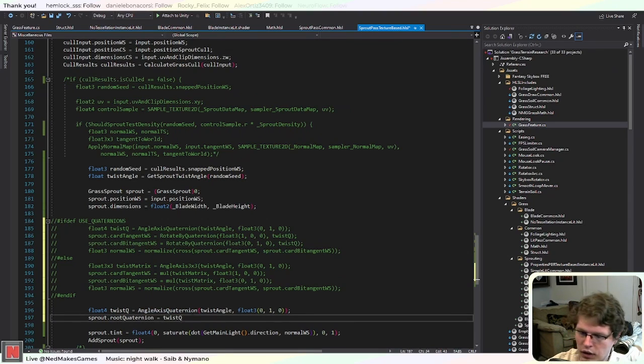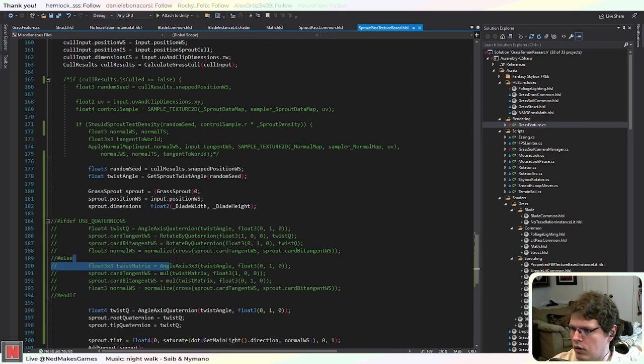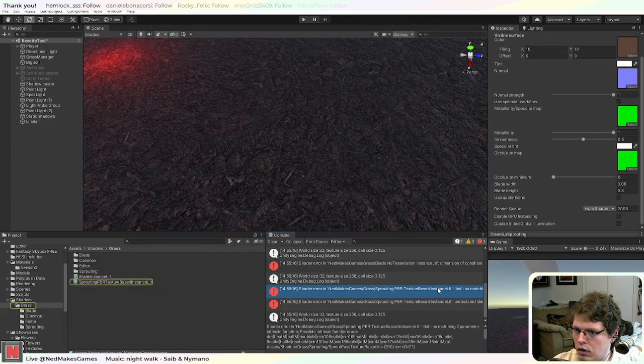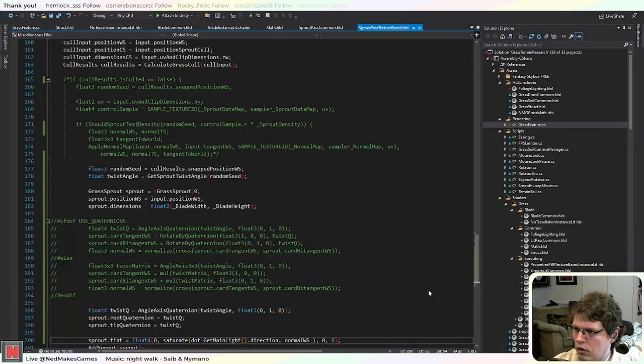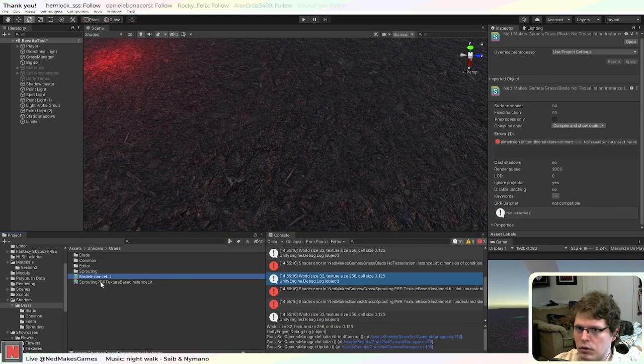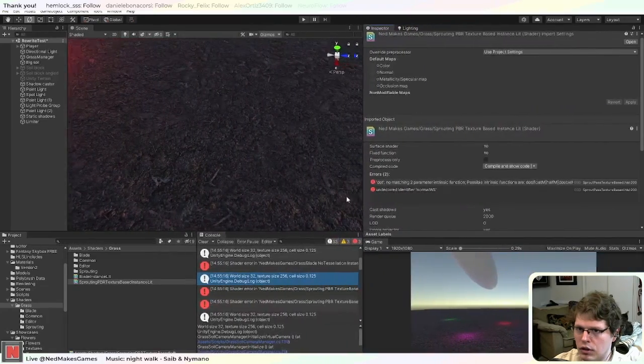And then the same thing for the tip. Okay, I'm not sure what that means. So dot, no matching two parameter intrinsic function.